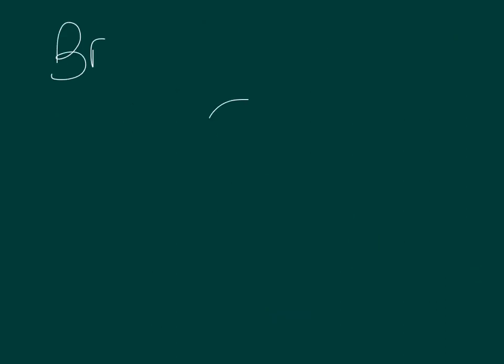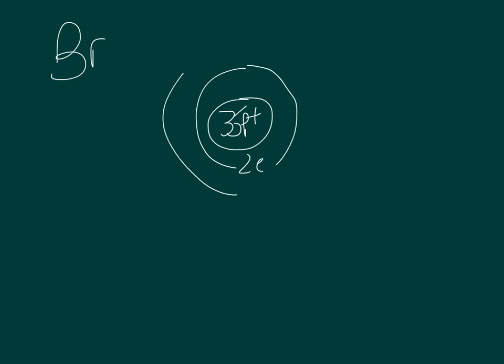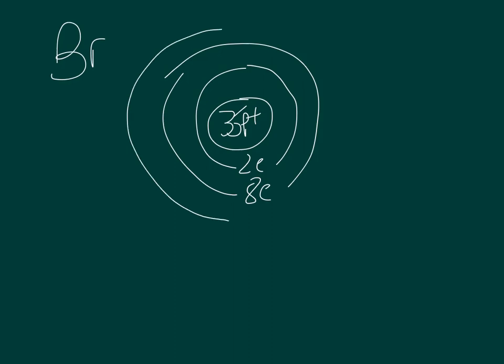Bromine. We have 35 protons, 2 electrons, 8 electrons, and because we are past element 31, gallium, we can expand to 18 electrons into our third energy level. Do we need 18? 18 plus 10 would be 28.